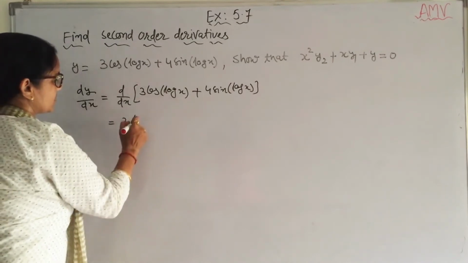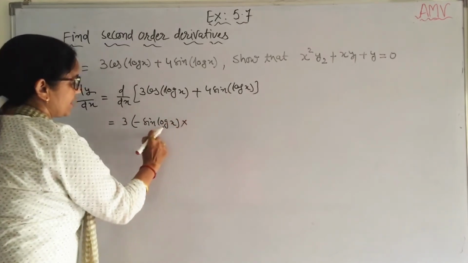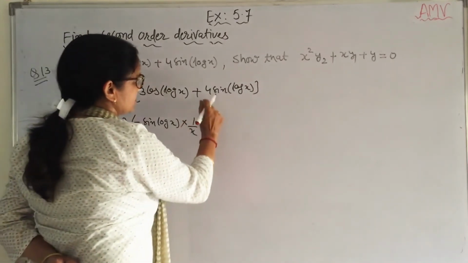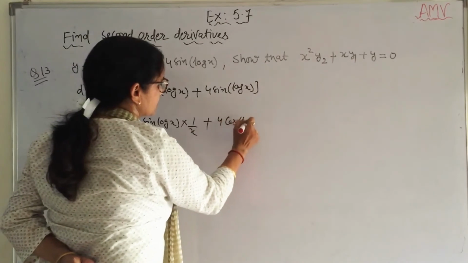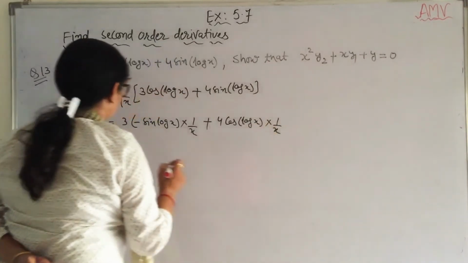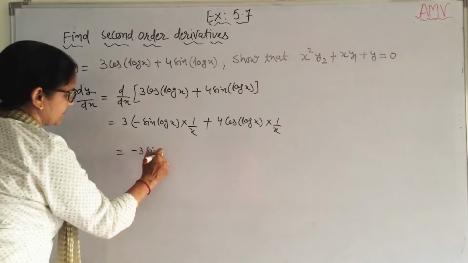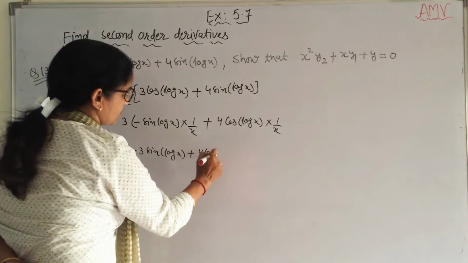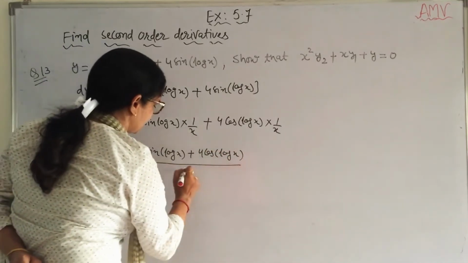Derivative of cos log x is minus sin log x, and now the derivative of log x is 1 by x. Plus the derivative of sin log x is cos log x, and the derivative of log x is 1 by x. So it is minus 3 sin log x plus 4 cos log x, all over x.